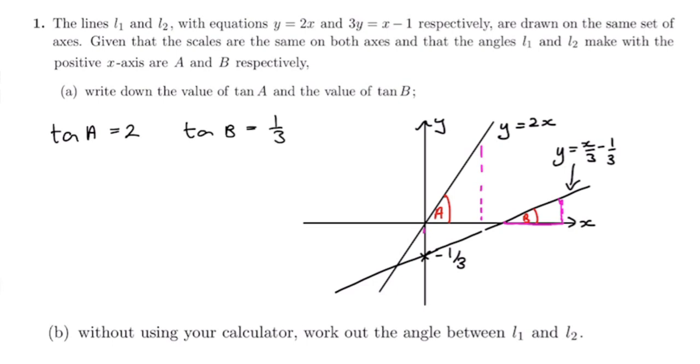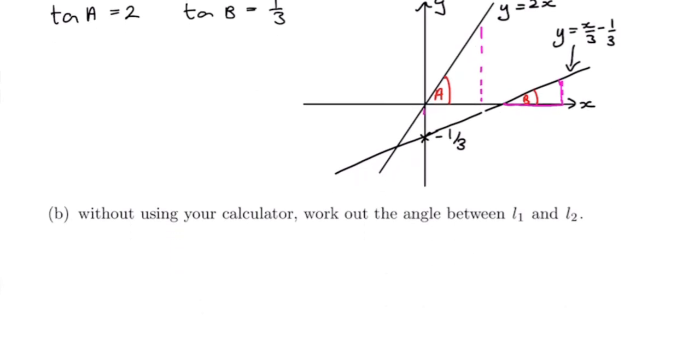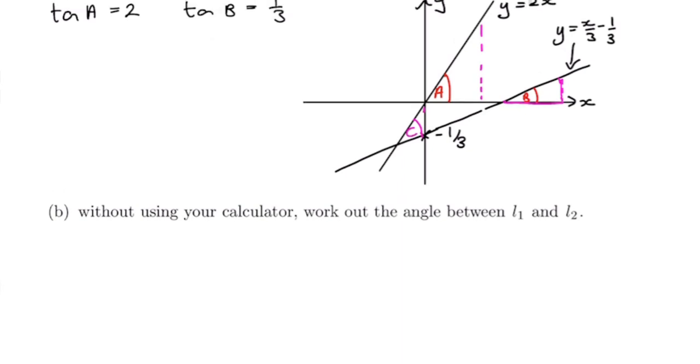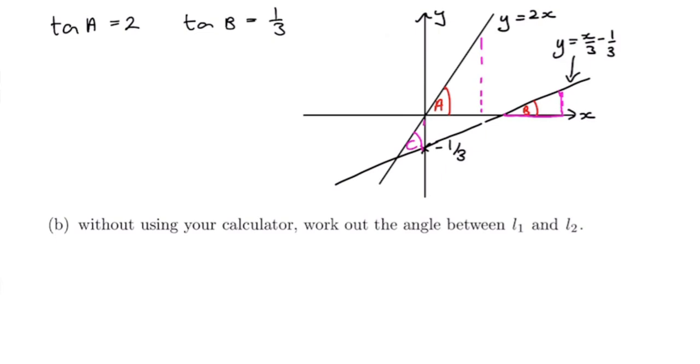Now, the second bit says, without using your calculator, work out the angle between L1 and L2. So I'm just going to push that up a little bit. What we need to do is find this angle here. I'm going to call it angle C. Now we know that tan A is 2 and tan B is a third.